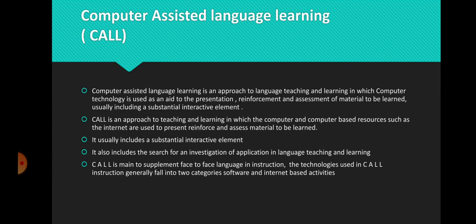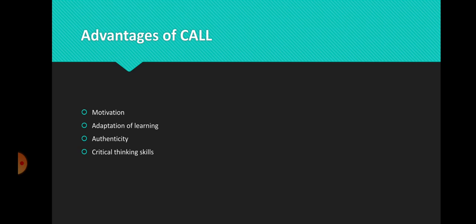So guys, you can understand the necessary point of computer-assisted language learning, because with this type of help, a teacher can access so many students at the same time within a very short time within a classroom. So this is also very important in the usage of TLM. Now move to the next slide, that is the advantages of CALL.